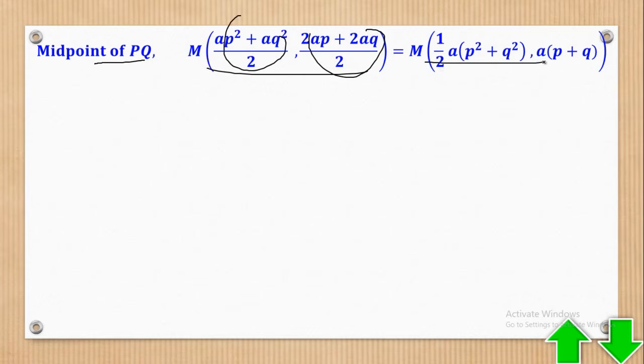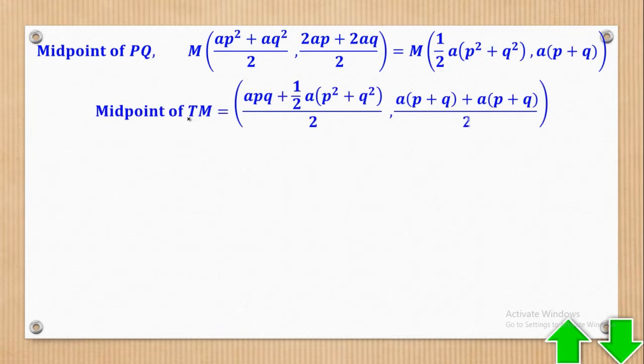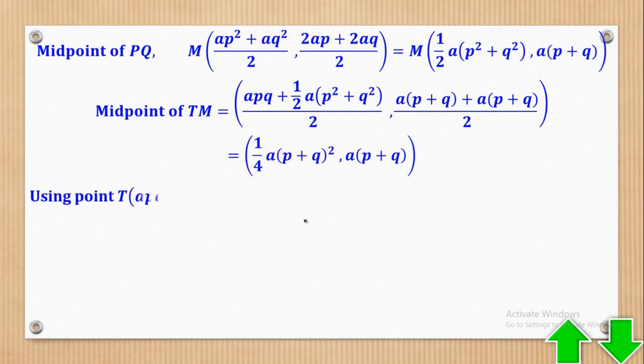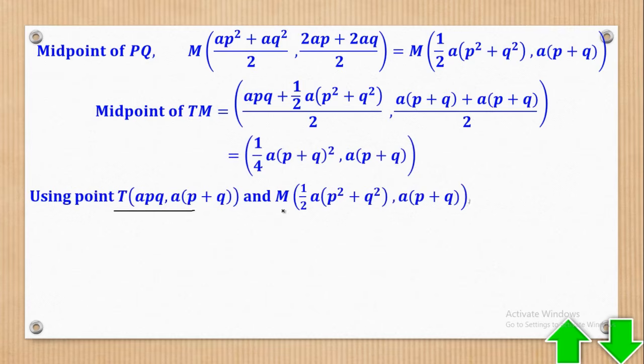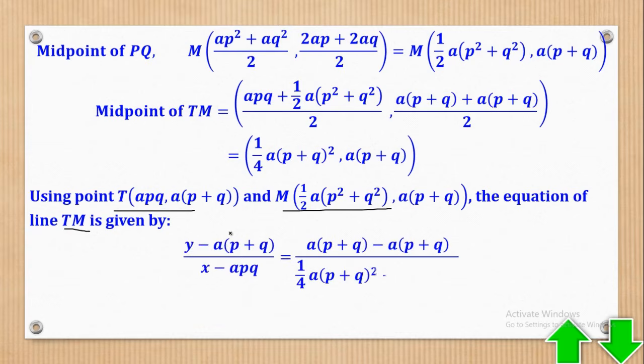You will come up with this. And the midpoint of TM is given by this, average of the x coordinates, average of the y coordinates. You simplify to come up with that. Now using points T and M, the equation of the line TM will be given by that. So changing y over changing x, they're equated. Then when you simplify, you'll come up with this.